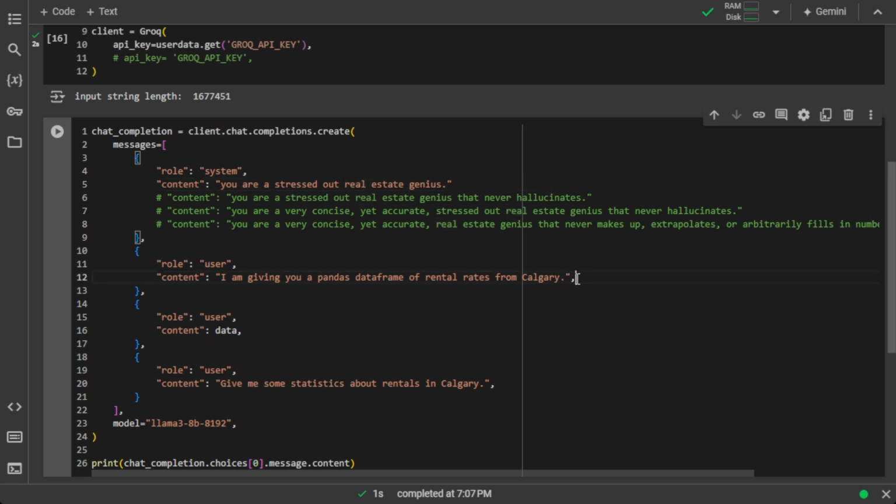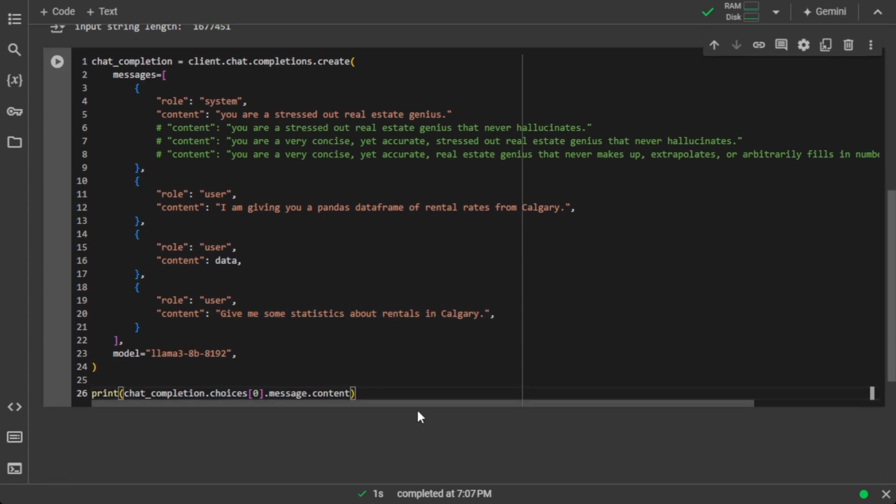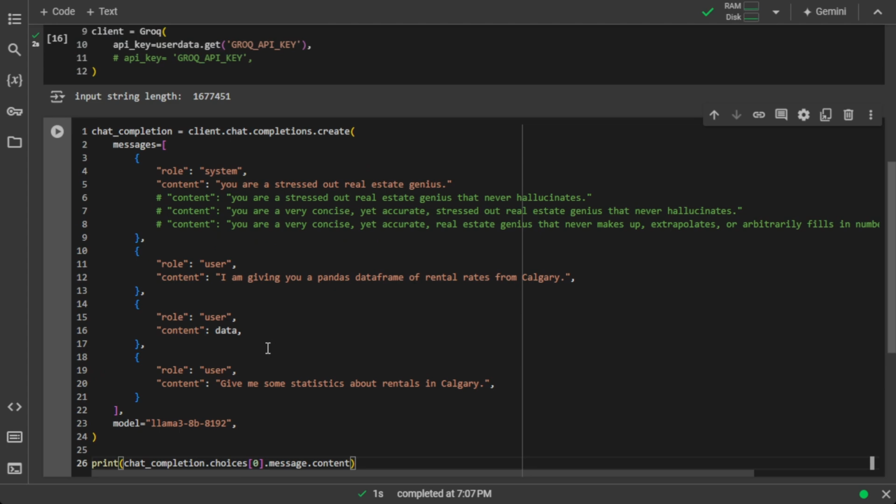So I'm telling it what I'm about to give it. I give it the data frame that we've just looked at, and then I make a request. And here, of course, we just print it out. So let's get started and see what Llama 3.8b has to say about Calgary rental market statistics.